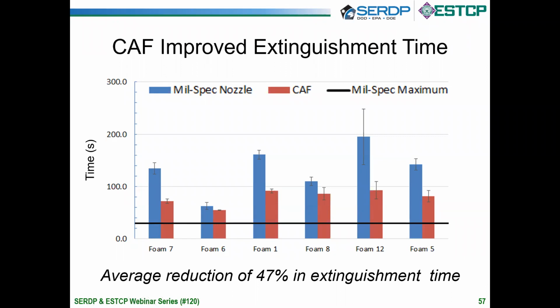Clearly the ones which are not the best performers see more effect, which is fine, which means that products you would otherwise not have considered can now be considered with compressed air foam. There's an average improvement of 47% reduction in time to put a fire out. So pretty encouraging results so far.